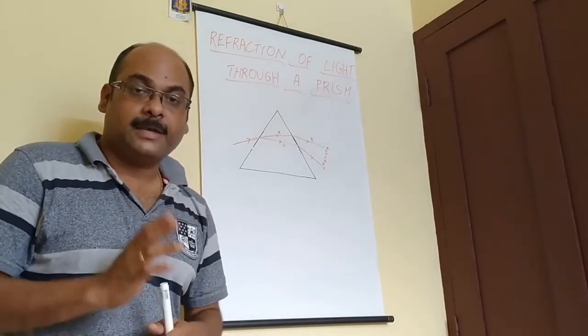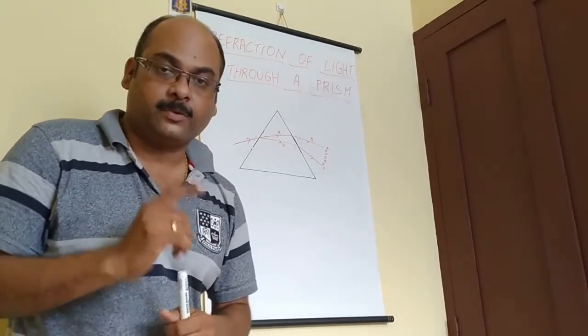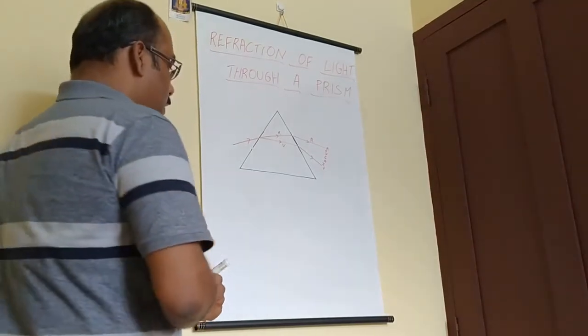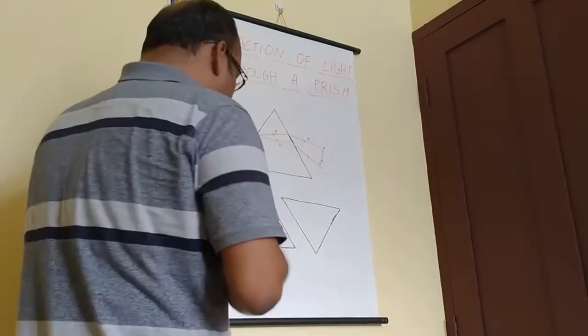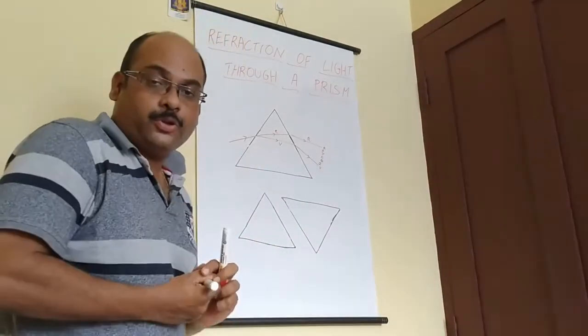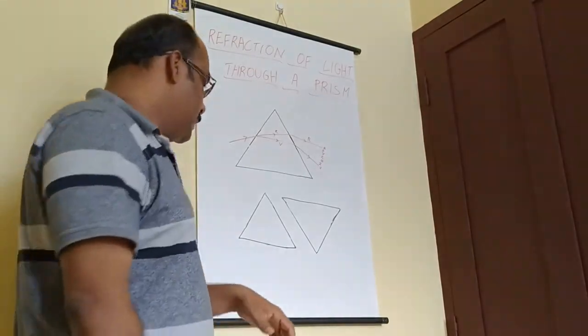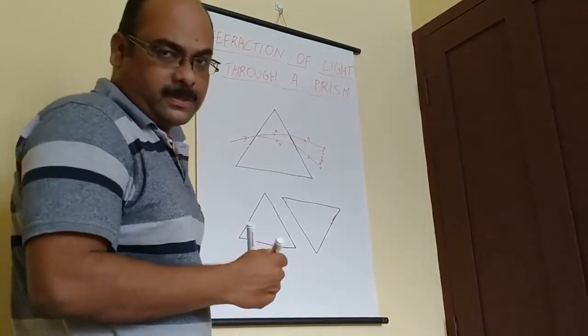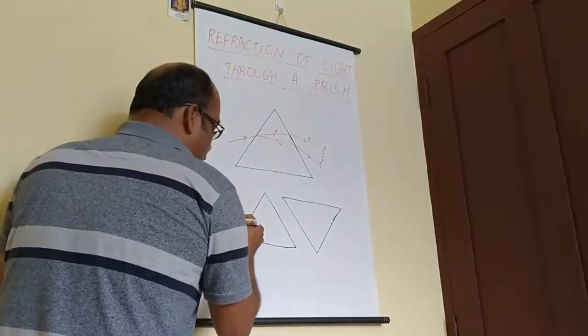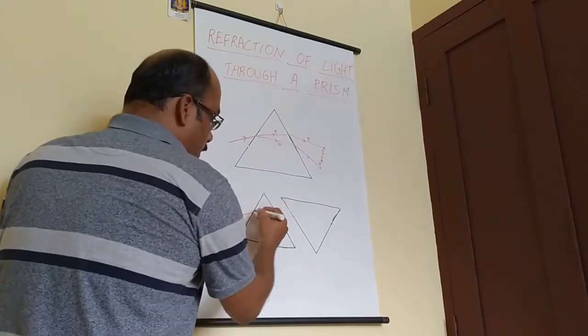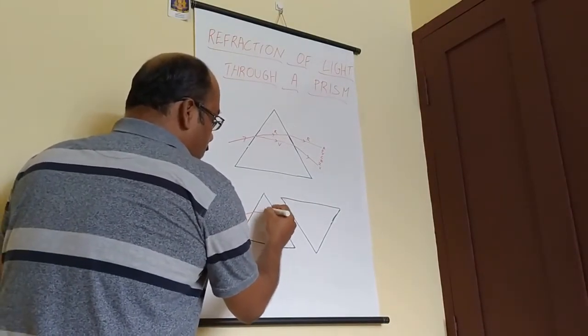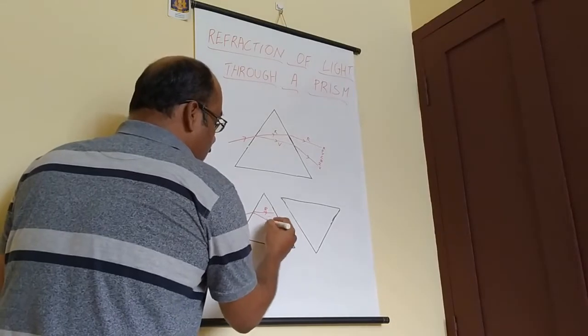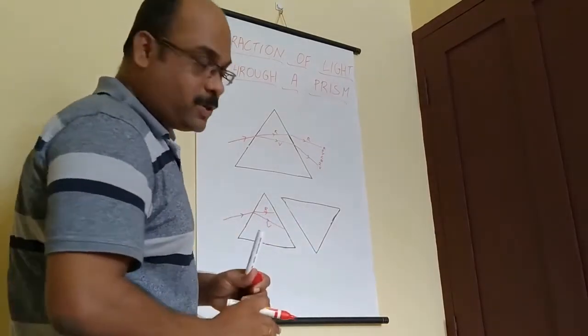Now Isaac Newton did one more thing. Isaac Newton used two prisms. With the first prism, he split the light. The white light was allowed to pass through the first prism, so it split into the 7 different colors, that is Vibgyor.